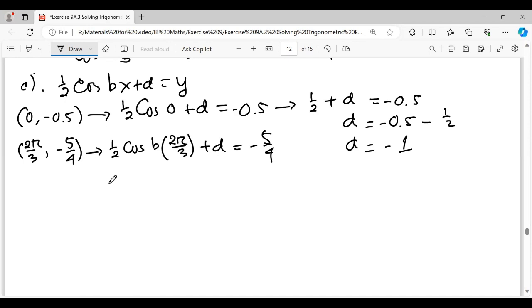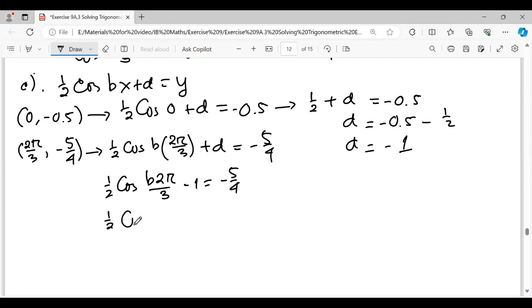And it's going to be half cosine b 2 pi third minus 1 equals -5/4.